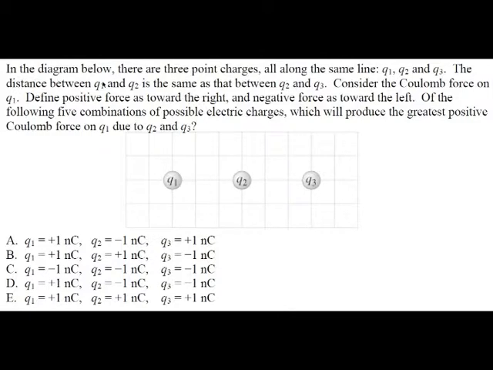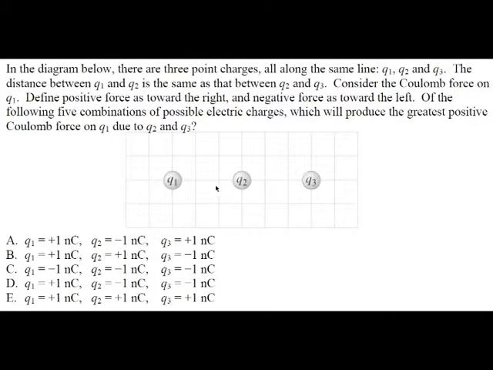In the diagram below, there are 3 point charges all along the same line, Q1, Q2, and Q3. The distance between Q1 and Q2 is the same as that between Q2 and Q3. Consider the Coulomb force on Q1.